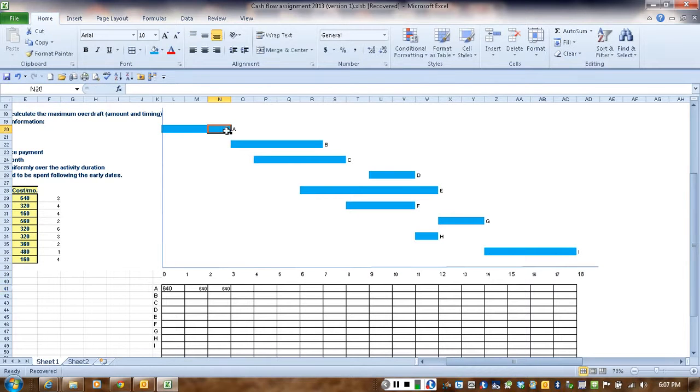You can see now it aligns with the start and finish of the activity. Activity B, 320s. So from here we're going to have 320. C is going to start from here, and it's going to be 160s.